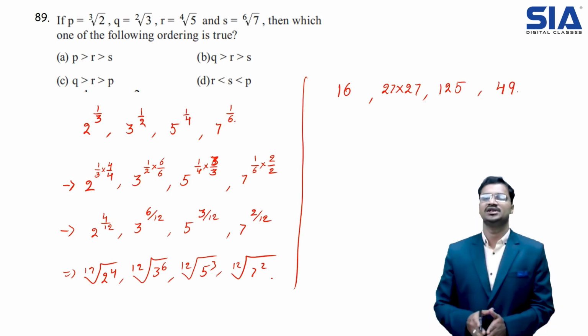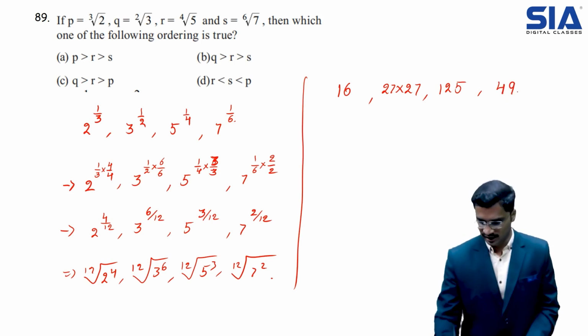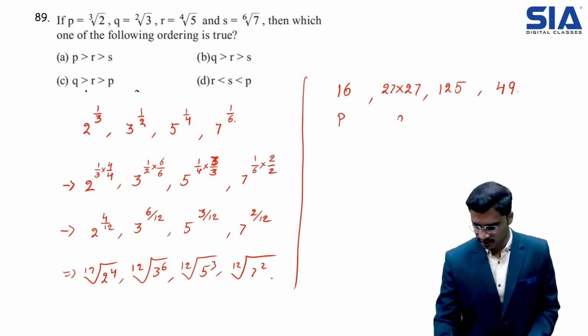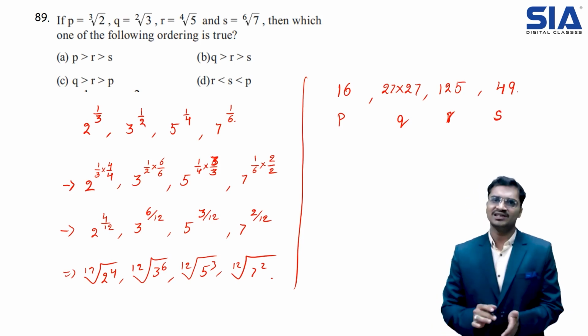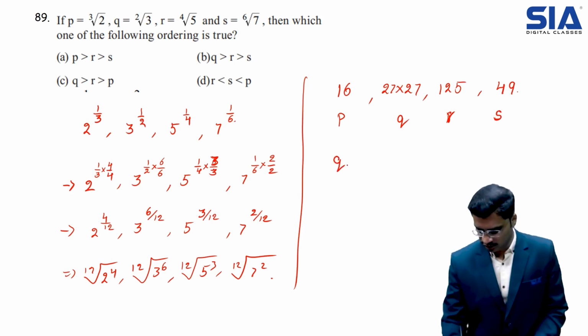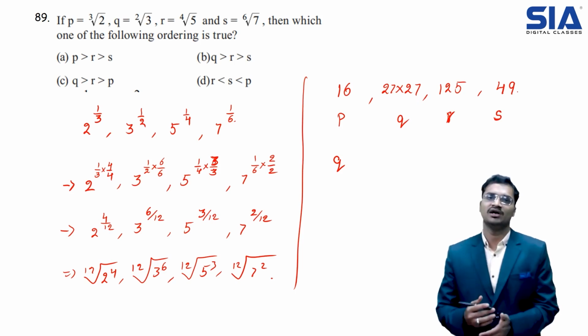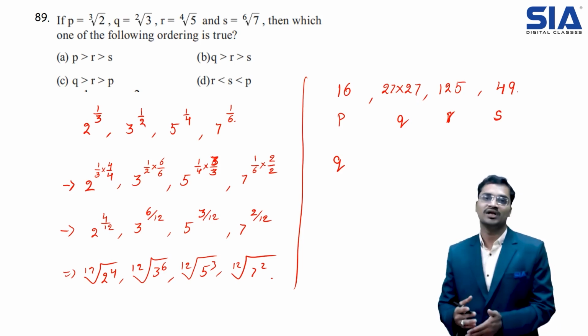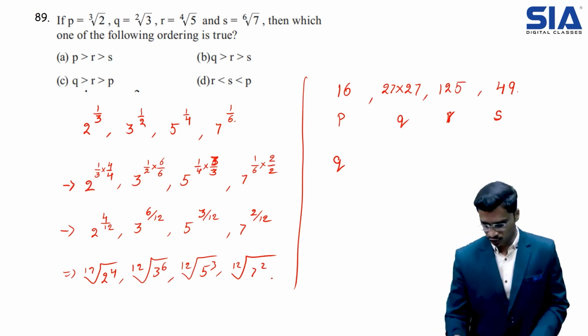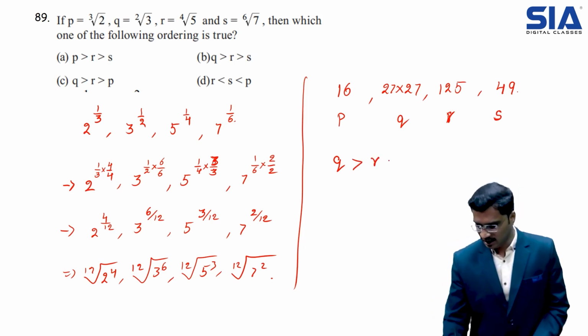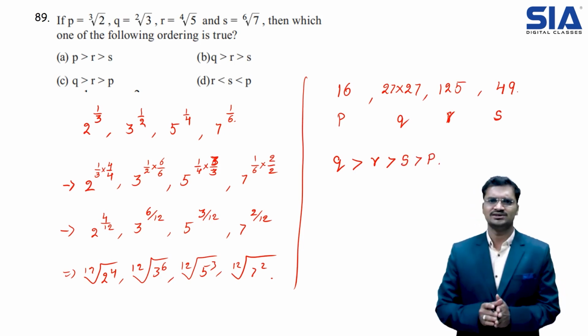So these values are P, Q, R and S. Q is the largest of all these numbers because it is 27 multiplied by 27, which gives a much bigger value, more than 600 or 700. So Q is greater than R, R is greater than S, S is greater than P. So our answer is what?